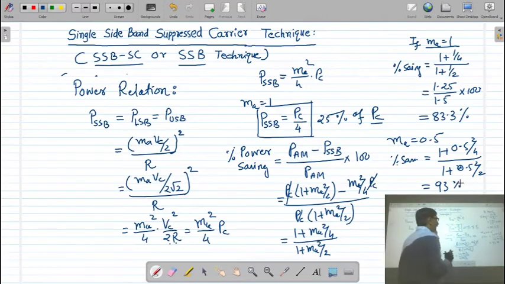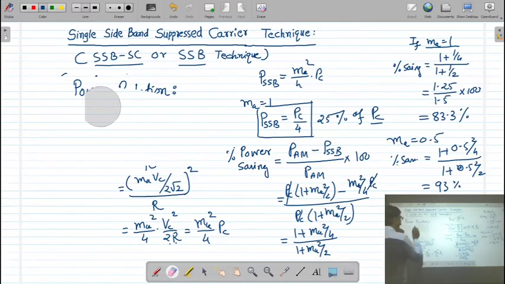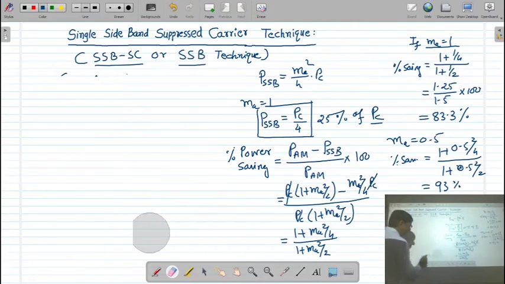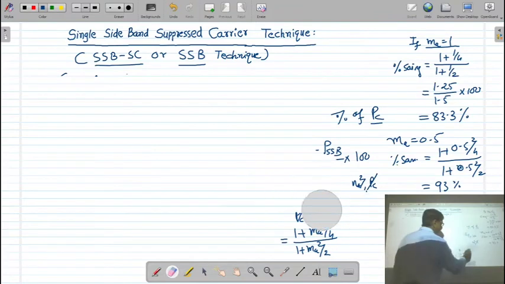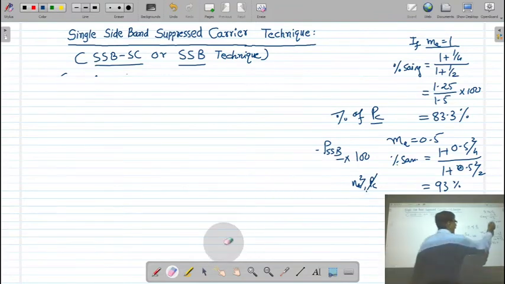Now, if you see what is the waveform of the SSB wave?